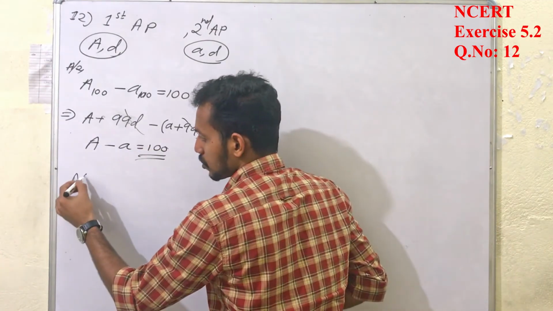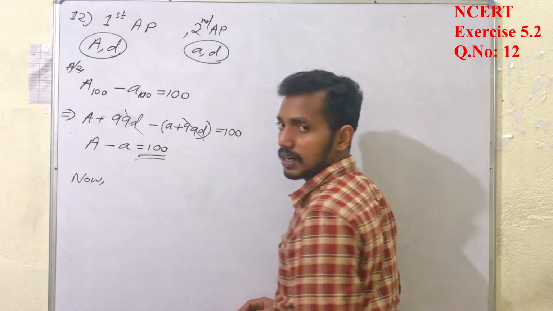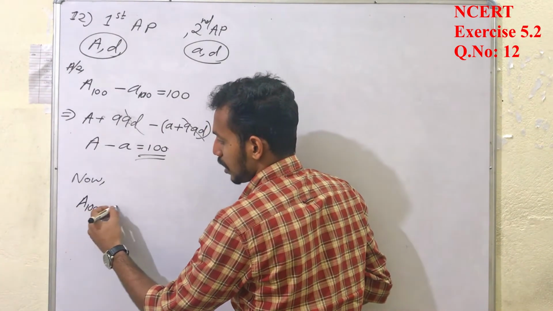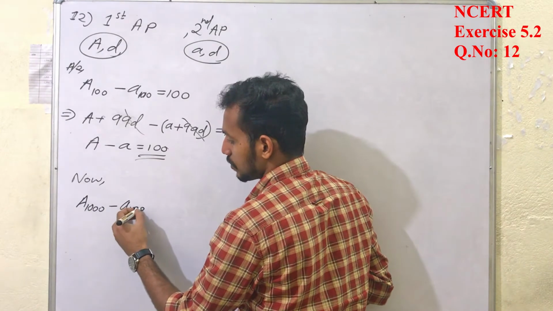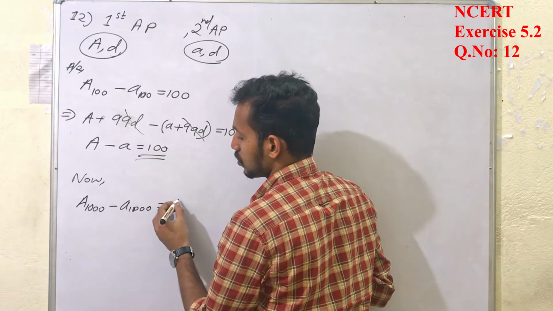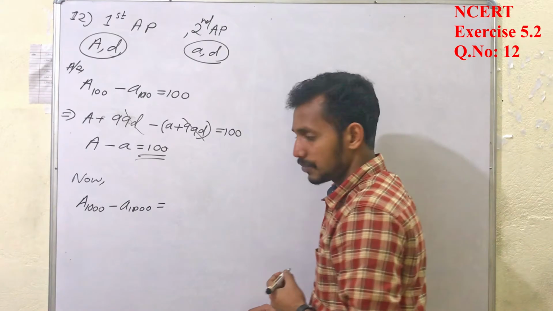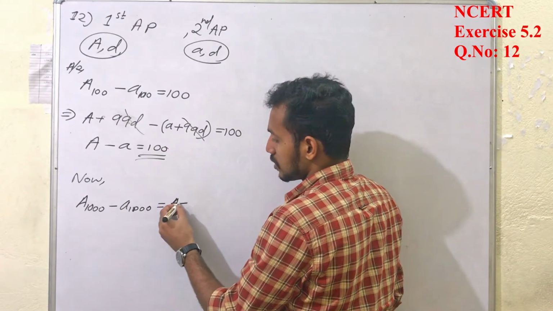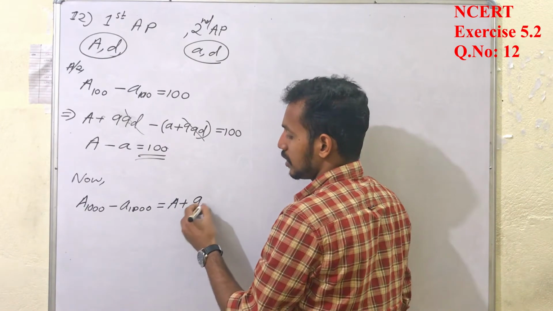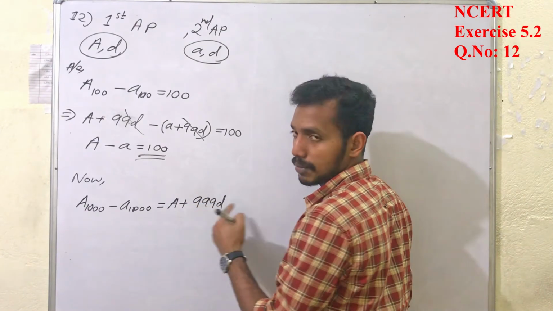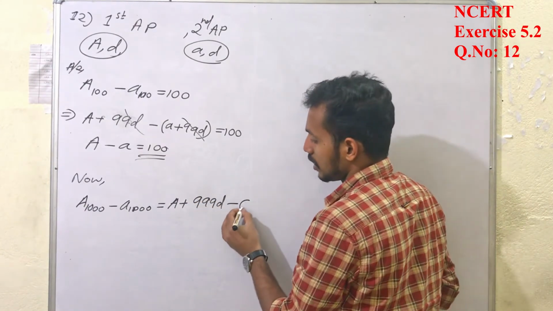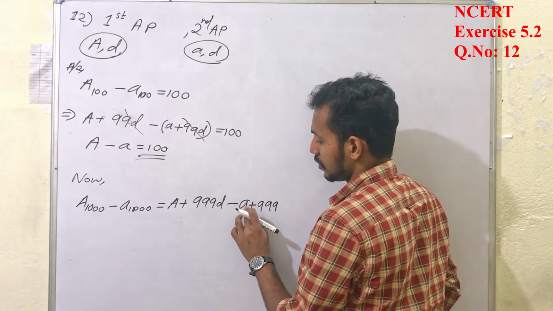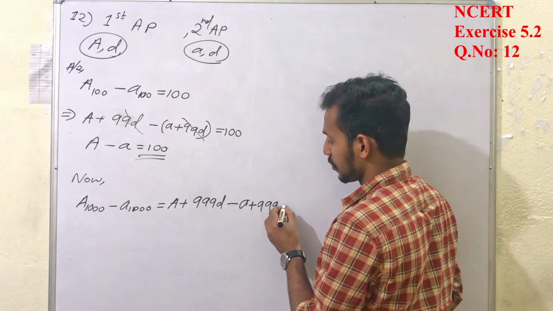Now, according to the question, we have to find the difference between their 1000th terms. So A1000 minus A1000 is what we have to find, which is equal to A plus 999D minus A plus 999D.